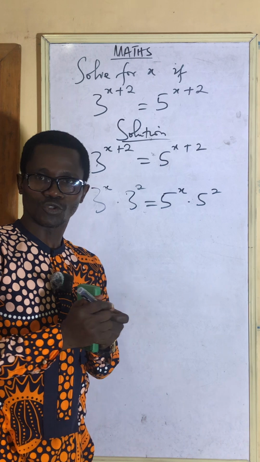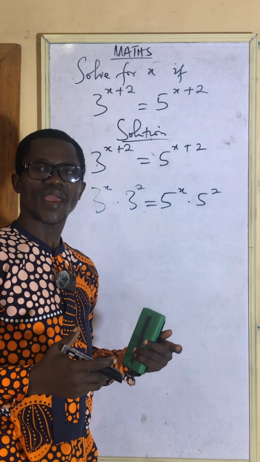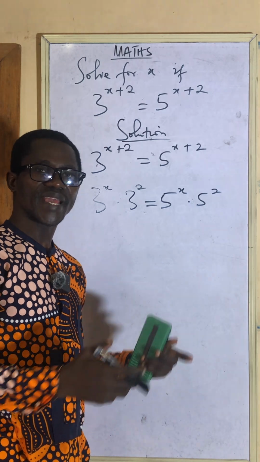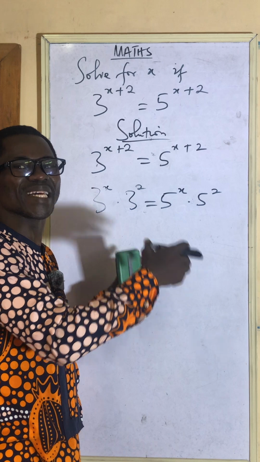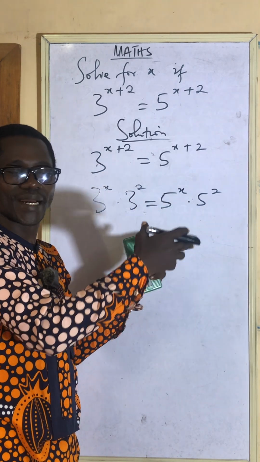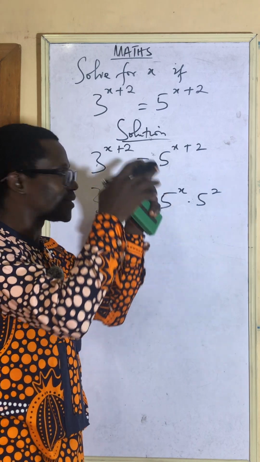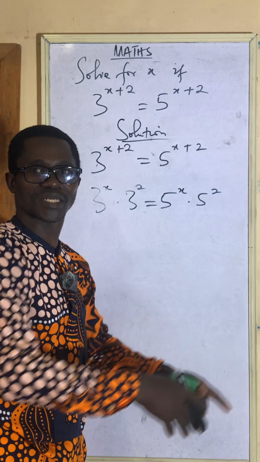Now, the next thing to do is to make sure every term carrying the exponent x is on the same side, and those terms carrying the constant 2 as the power are on the other side.